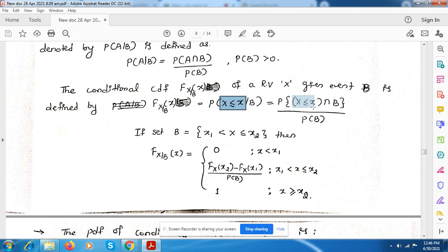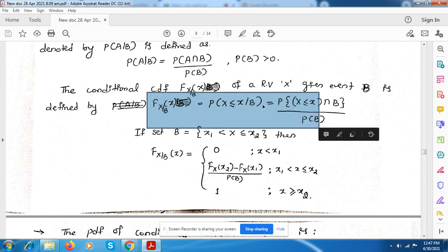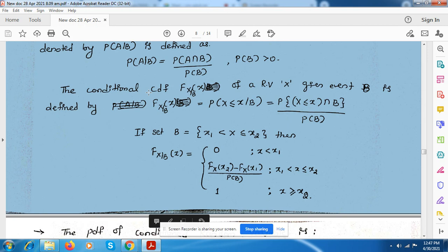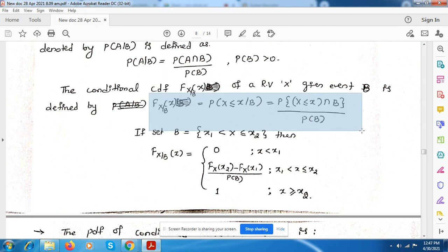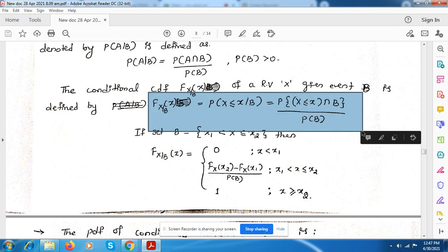So if we substitute, we get probability of X less than or equal to x intersection B divided by probability of B. So this is the equation for the CDF value. You have to note down this equation.